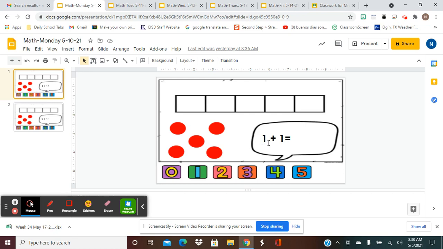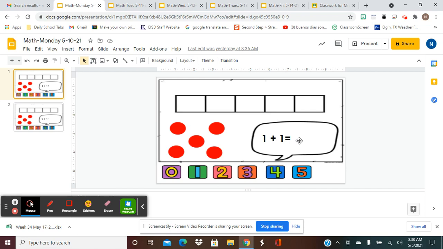So you're going to have to look at your addition sentence to figure out how many counters you're going to move up here. And then after you move them up, you need to count them all together. And that's going to be your answer. And you're going to look for your answer down here and move it up here, just like we did in the activity, okay?